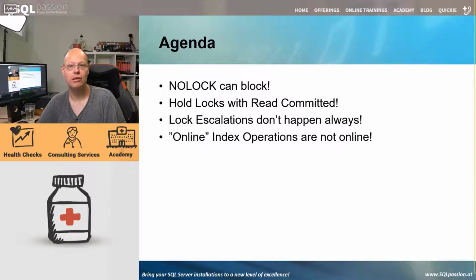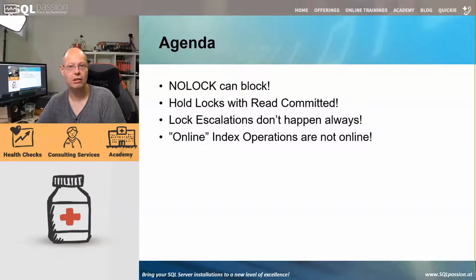And finally, at the end, I want to talk about online index operations in SQL Server. They were introduced in the Enterprise edition of SQL Server, so the expensive edition, because you have to pay a lot of money for it. And online operations are not really online operations in SQL Server. When you're rebuilding or creating an index online, from a marketing perspective, Microsoft is telling us that we can do that concurrently with our normal workload.